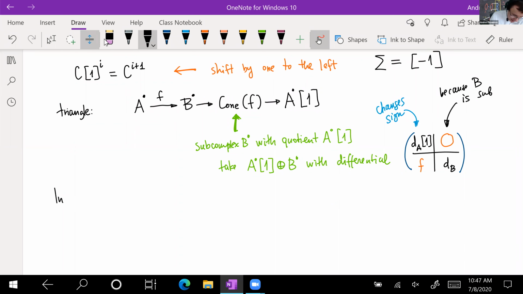For topological spaces, we have the cofibration sequence. I don't know the history of the subject so well, but I think this first appeared in topology, and it's also called the Puppe sequence, and I think he missed one of the axioms of a triangulated category.